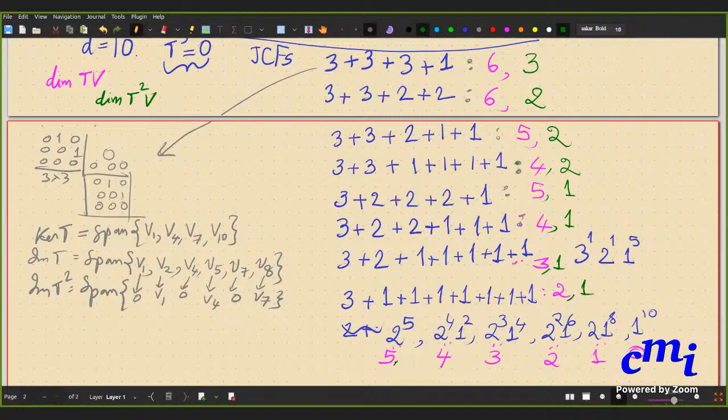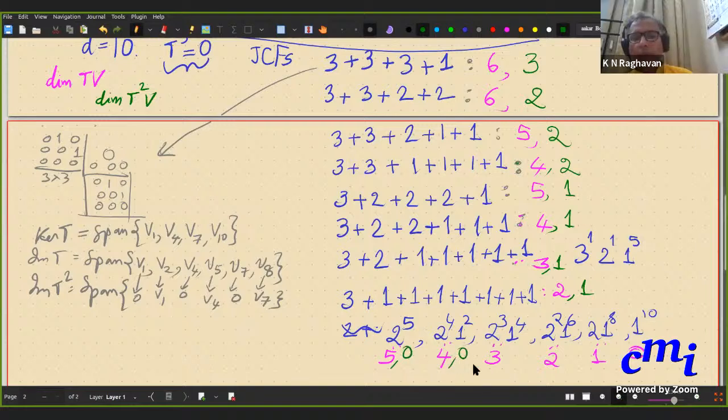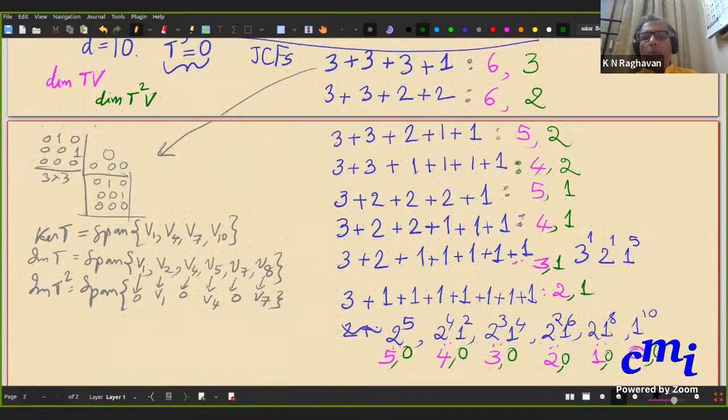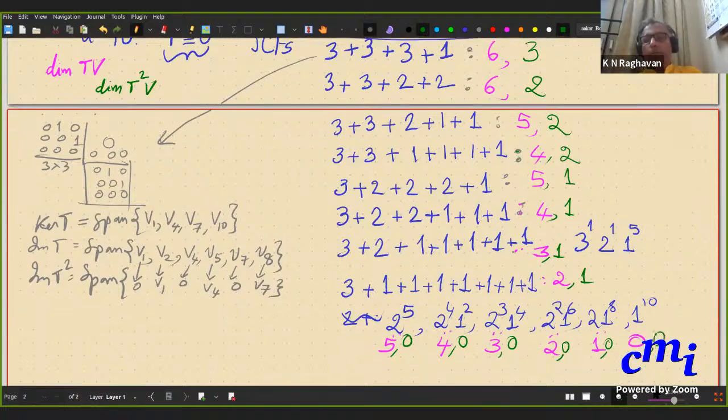And the rest 0. Very good. Excellent. So we have worked out the possibilities, right? So can you tell me in general what the numbers are?